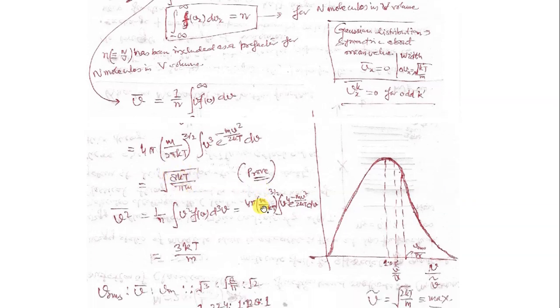You can solve it to get its value. It is root of 8 kT upon pi m. This was given as an example for the student to work out on their own.